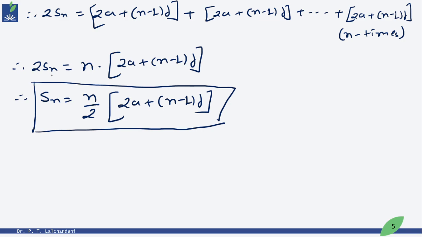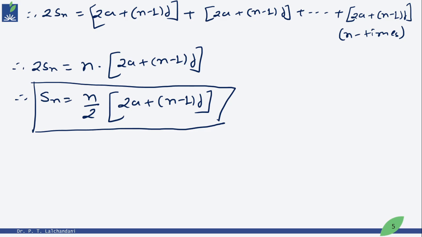I said that taking 2 on the left hand side, right? But actually there is no such operation in mathematics, taking any number from left to right or right to left. What we are doing here, instead we are dividing this equation with 2 on both the sides, right? Once again, I am not taking 2 on the left hand side. Usually we are saying that taking 2 on left hand side, here it is in multiplication, so it will be in division.